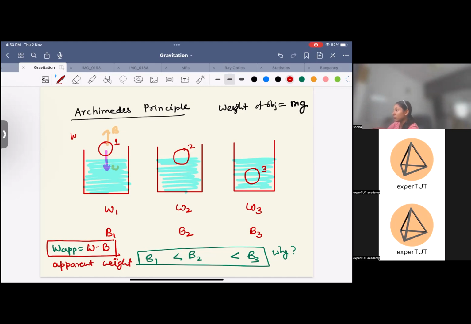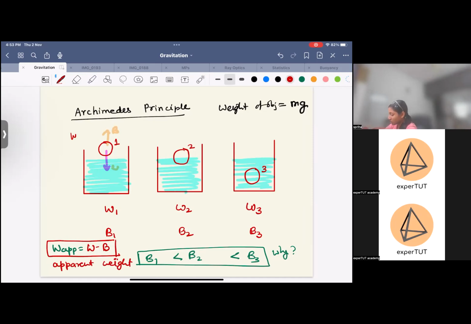So, object 3. Why? Because its buoyant force is more than the weight being applied.